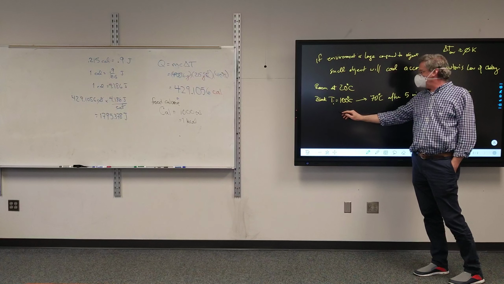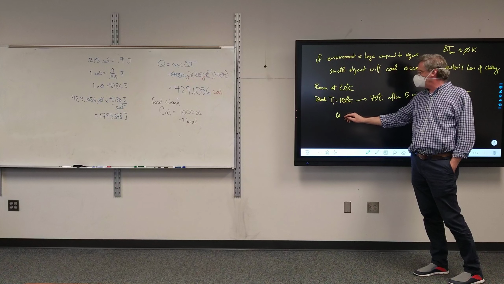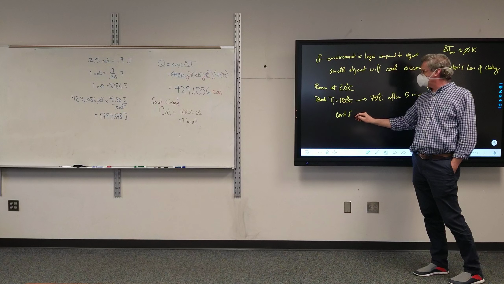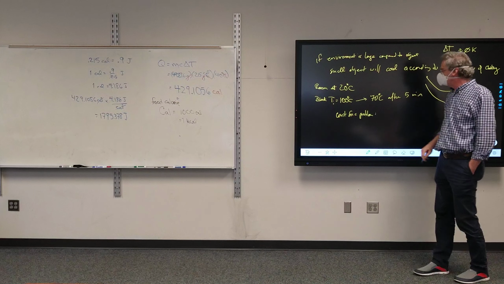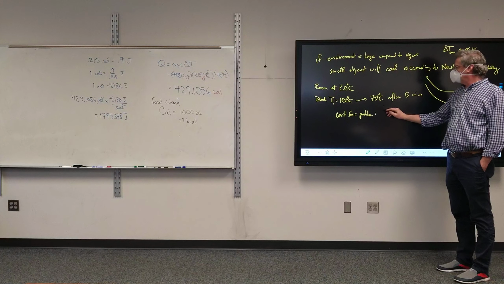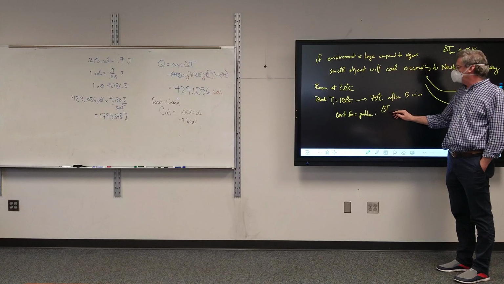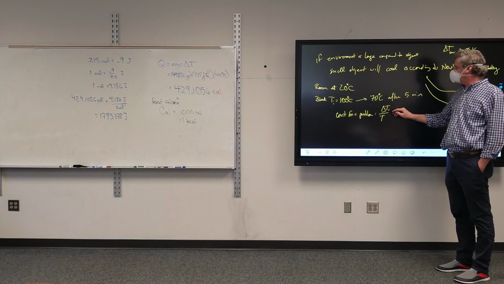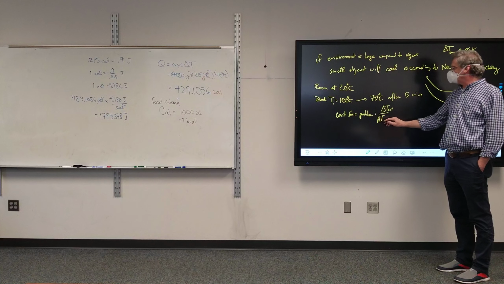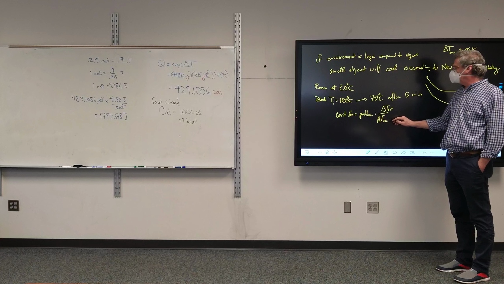All right, so what is constant for a problem? Constant for a problem is the change in temperature actual over change in temperature max.